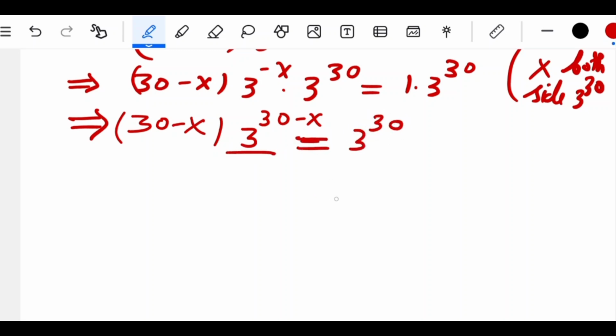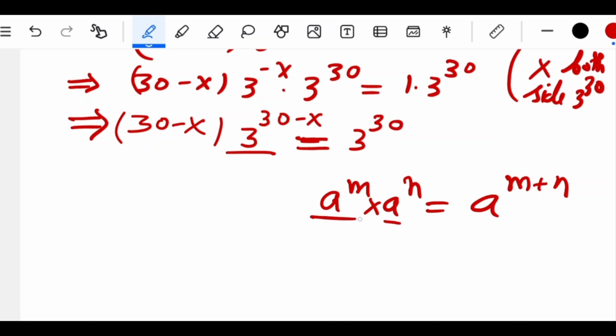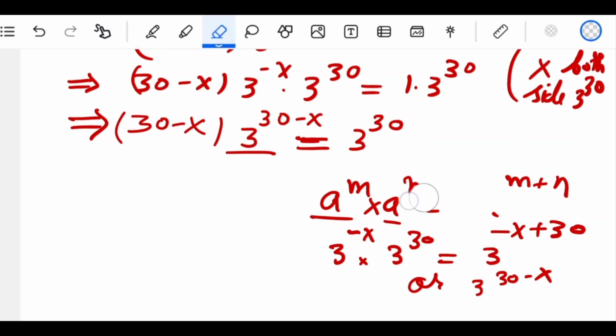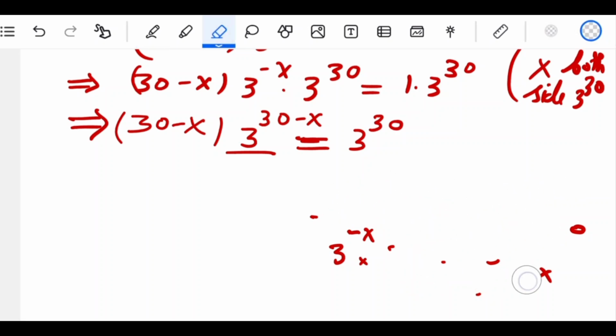Why do we write this? We know a raised to m multiplied by a raised to n is a raised to m plus n. When bases are the same, powers are added. Here 3 raised to minus x multiplied by 3 raised to 30, the bases are the same, so we can write 3 raised to minus x plus 30, or 3 raised to 30 minus x.